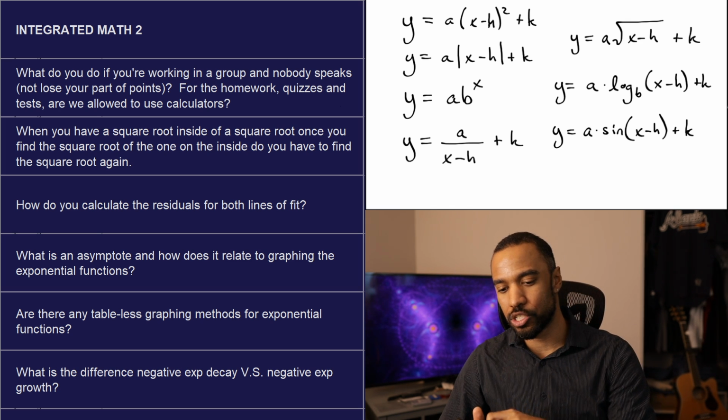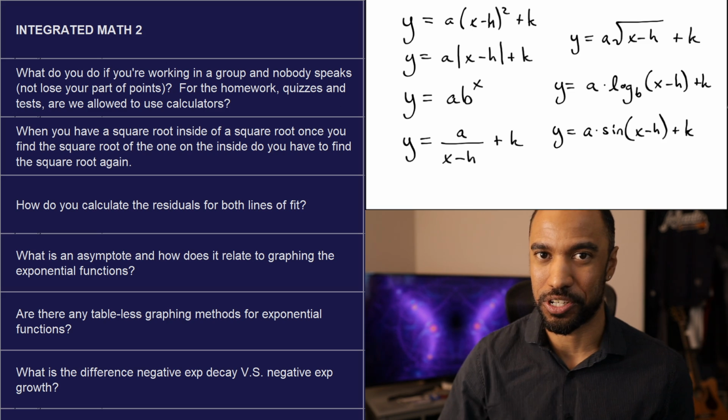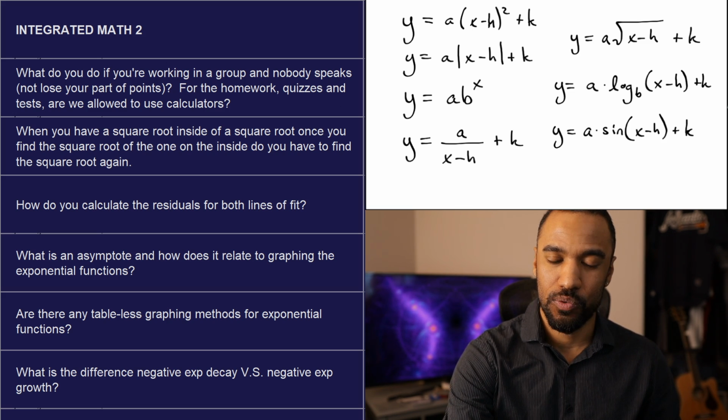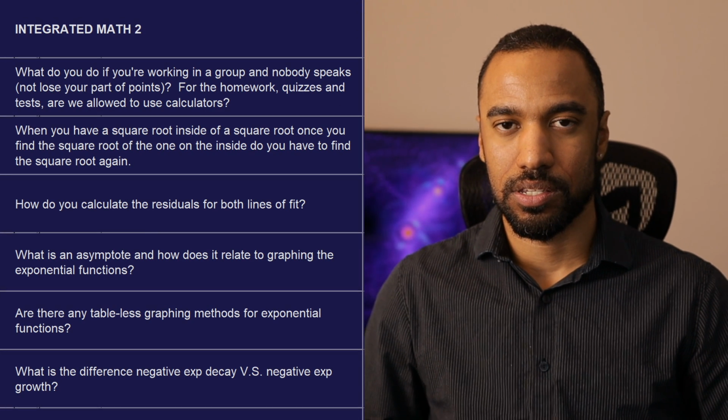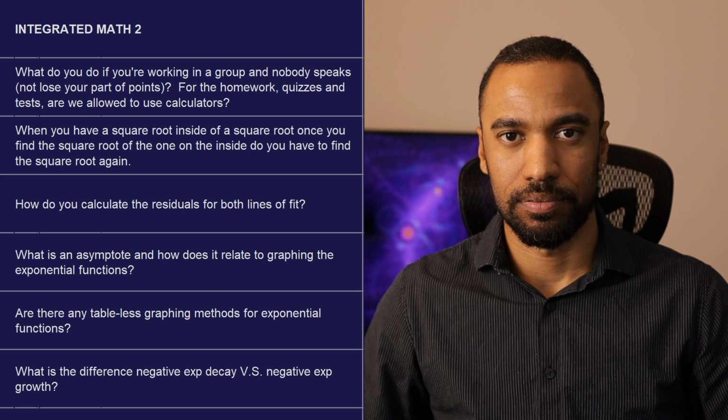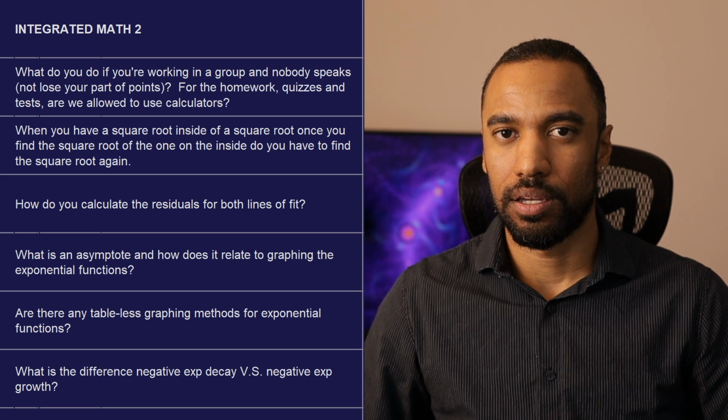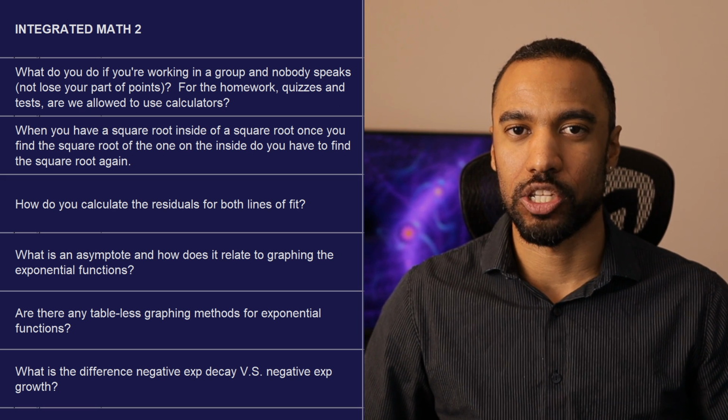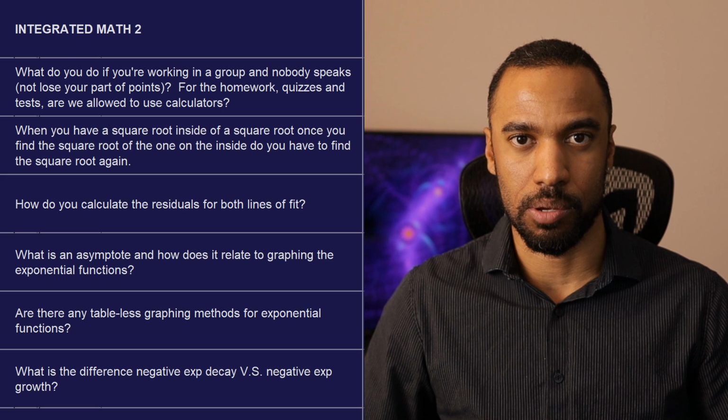What I want you guys to remember, I didn't finish answering this question, is this. When we graph, we are, in large part, in some way or another, approximating some of our solution, some of our points.